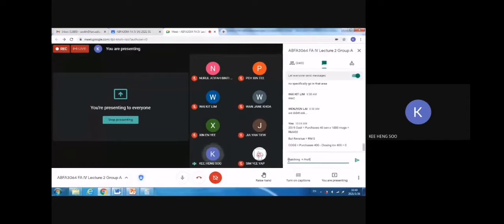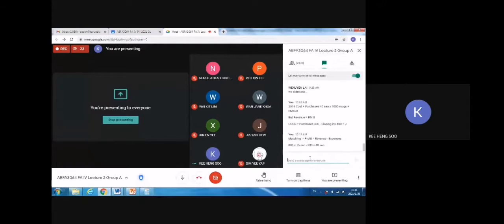Matching concept, we try to calculate the profit determination, which is your revenue minus expenses. Expenses means the cost. So in this case, revenue will be 800 times 75 cents, minus your cost, which will be 800 times 40 cents.